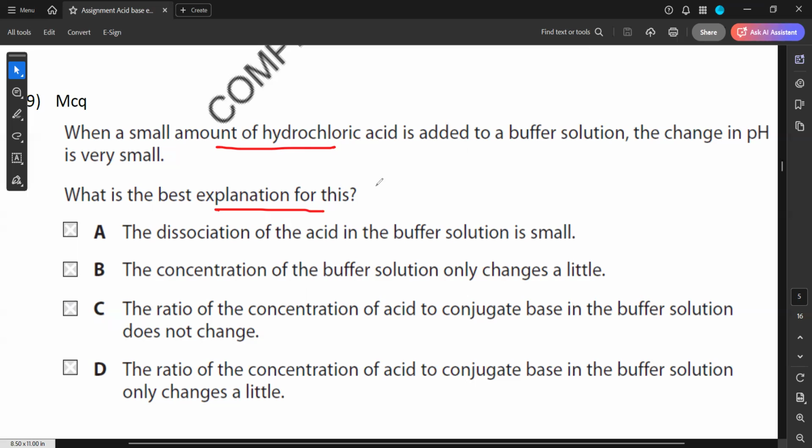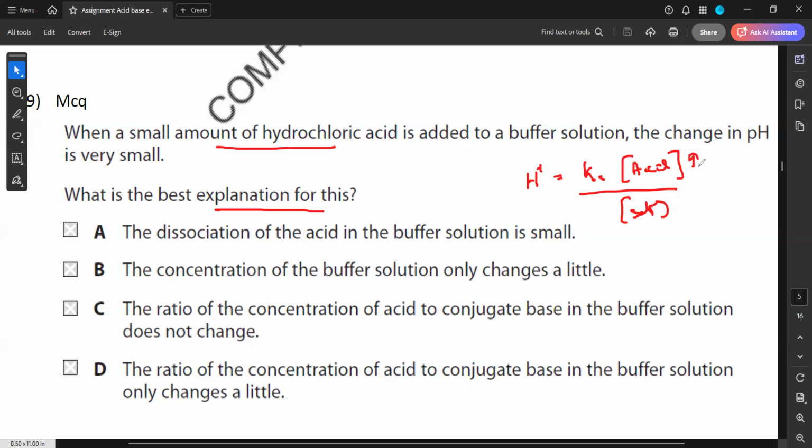Look, remember one thing, that for a buffer solution, the hydrogen ion concentration is equal to Ka, the concentration of the acid, divided by the concentration of the salt. So what happens when we are adding an acid?